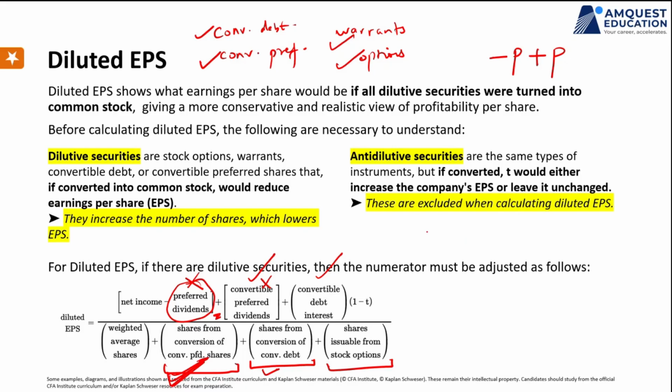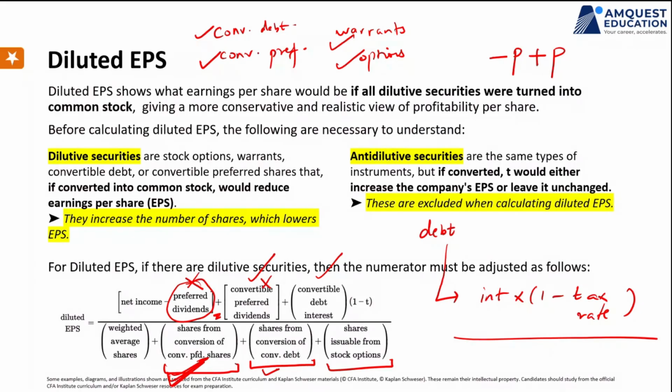For the debt, we basically add back the interest into 1 minus tax rate. This is the interest adjusted for tax savings. Because if you are a debt holder and you want to convert your holding to equity, you don't want to be a debt holder, you want to get some shares.